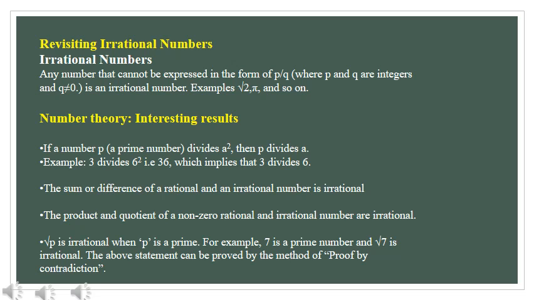Another result of number theory is that the sum or difference of a rational and an irrational number is irrational. Similarly, the product and quotient of a non-zero rational and an irrational number are irrational. The last result is that root p is irrational when p is a prime. For example, 7 is a prime number, so root 7 is irrational.